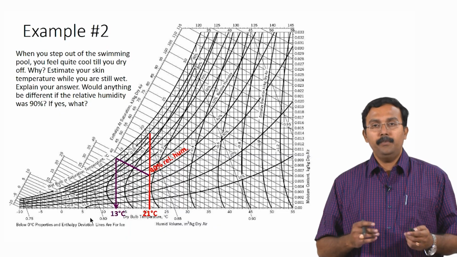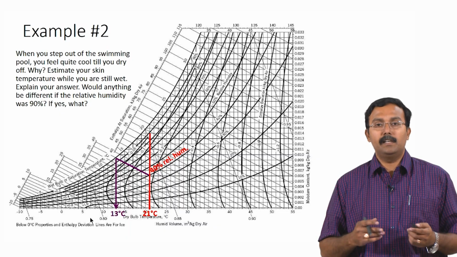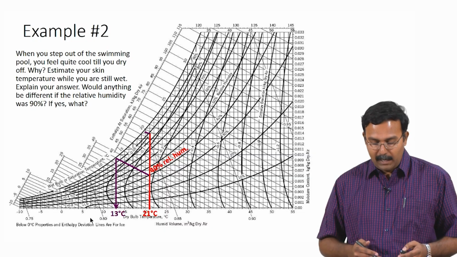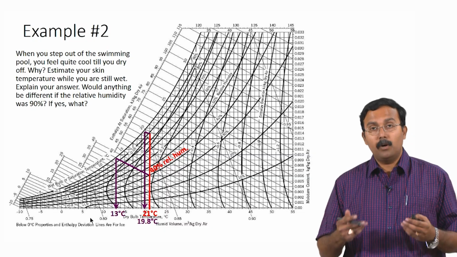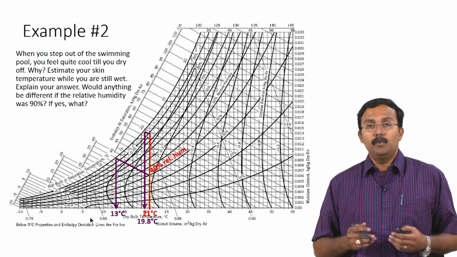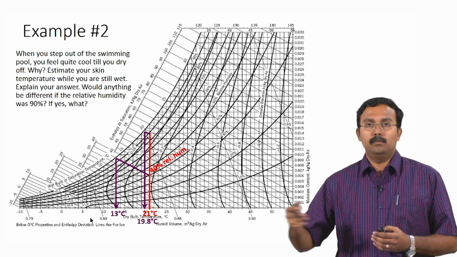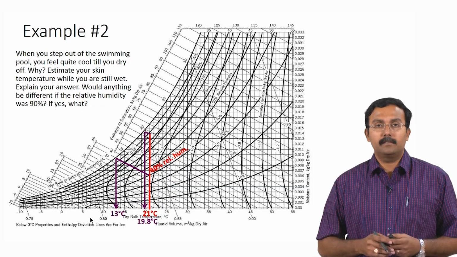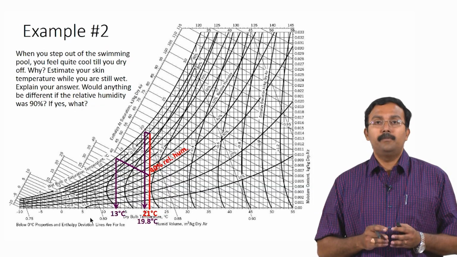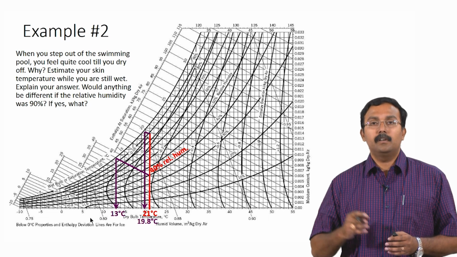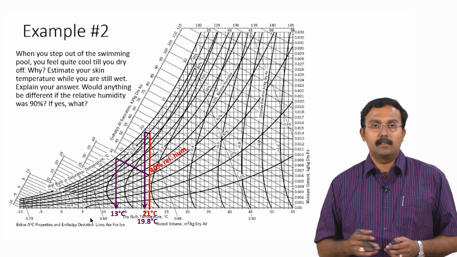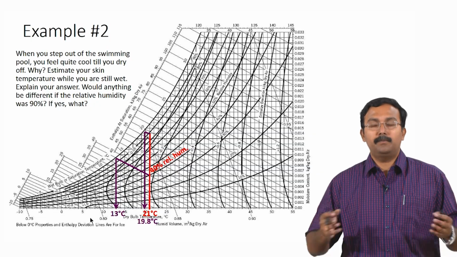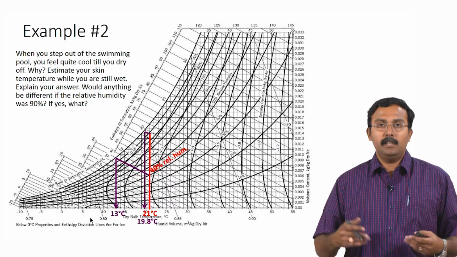So, if you had 90% relative humidity instead of 40% relative humidity, what you would have is a wet bulb temperature of about 19.8 degrees Celsius, which means it is much closer to what is actually present in the environment, therefore, you would feel a lot better. So, that is the reason you would feel less cold if the relative humidity was higher, and this would explain to you how some of these factors actually are important in day to day life.